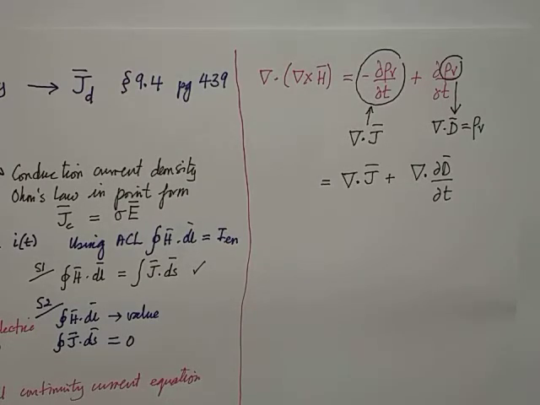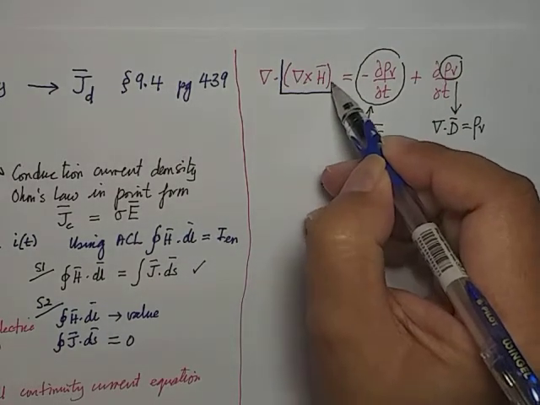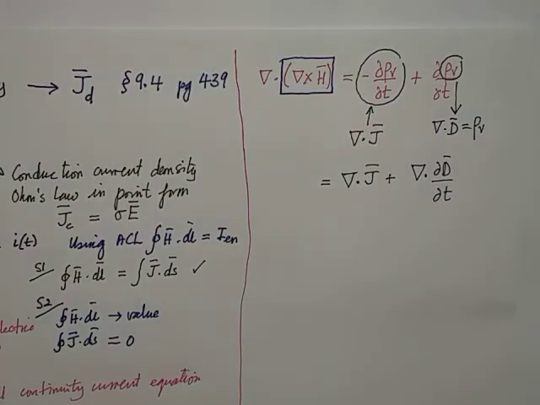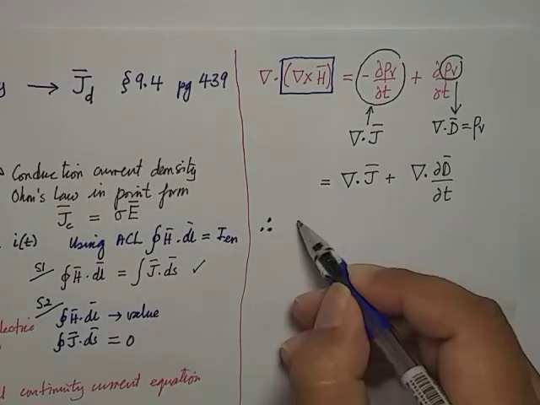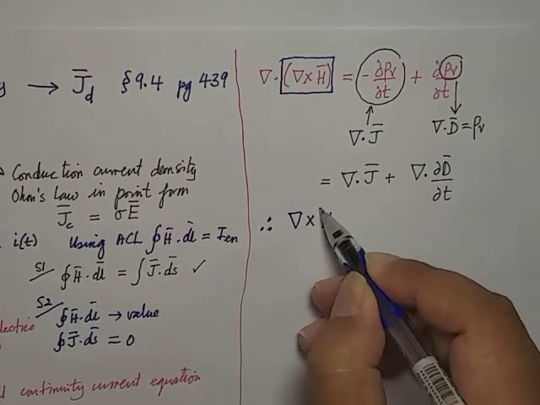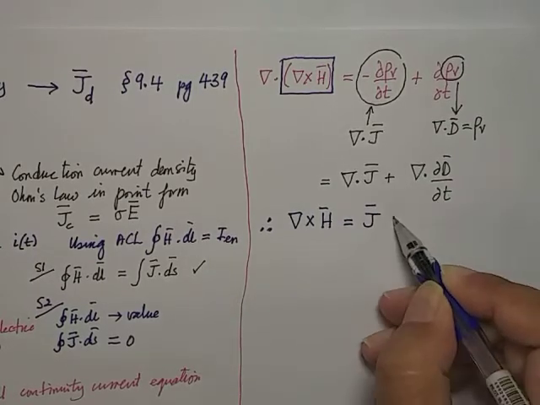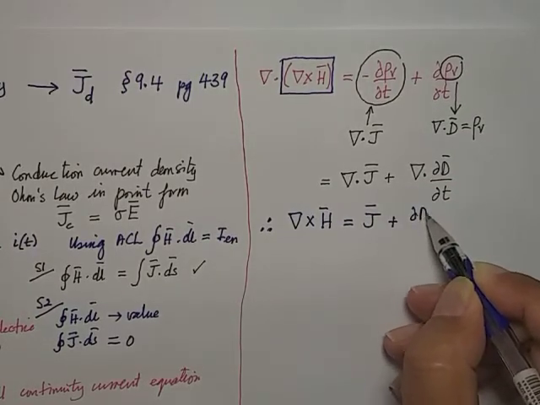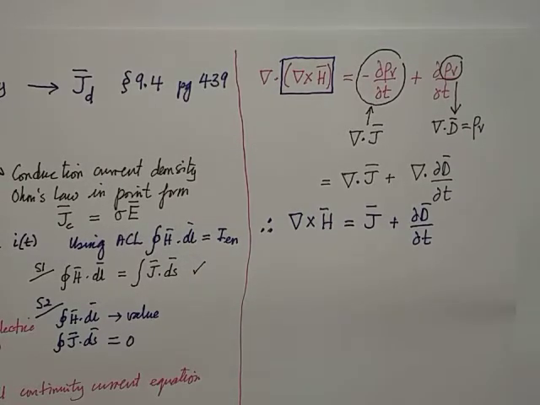Now, just by focusing on the term in this blue box on the left hand side, Maxwell concluded that the curl of H is equal to J plus dD over dt. Okay, that is what he concluded.